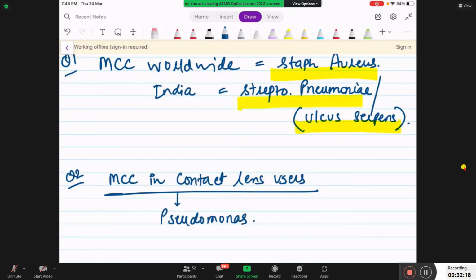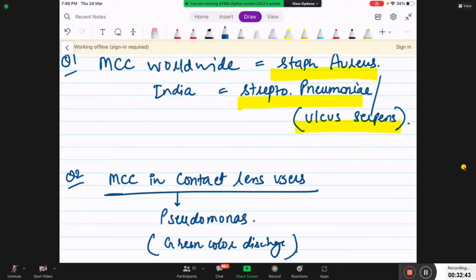In Pseudomonas corneal infections, you will see green color discharge. If the patient is getting green color discharge, then blindly you can tick the answer as Pseudomonas.